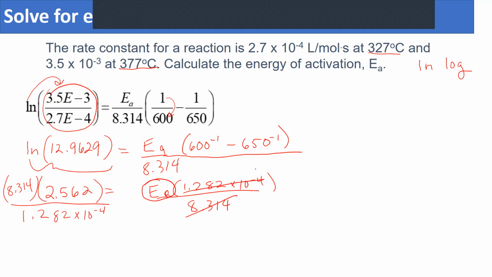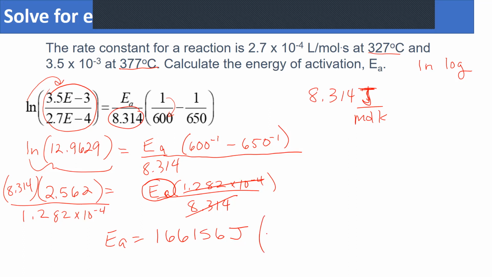If I do that math, I end up with E sub A equal to 166,156, and this is in joules, because 8.314 is joules per mole Kelvin. So when I solve this, my energy unit is in joules. A lot of times you'll be asked to convert to kilojoules, which is dividing by 1,000 joules per kilojoule, and that will equal 166 kilojoules.